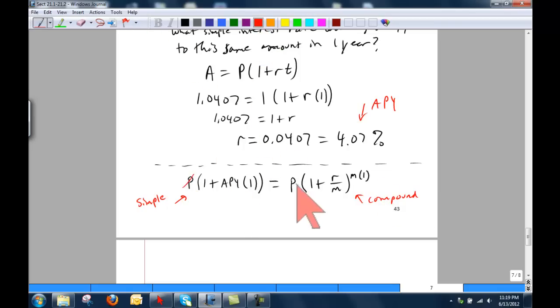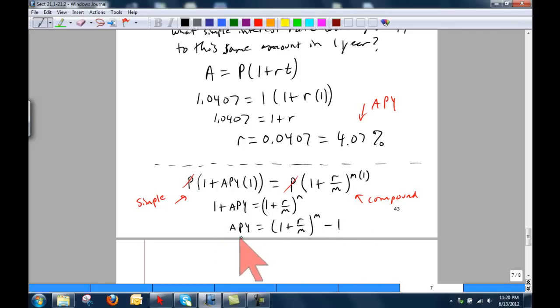The P's cancel on each side, and so I get 1 plus APY equals 1 plus R over M, that quantity to the M, and then if I solve for APY, I get 1 plus R over M to the M minus 1. And here's the formula for annual percentage yield that is in the book.